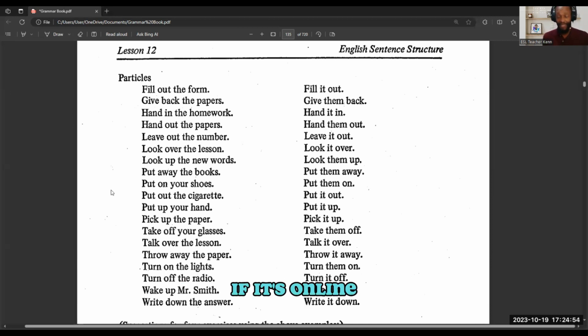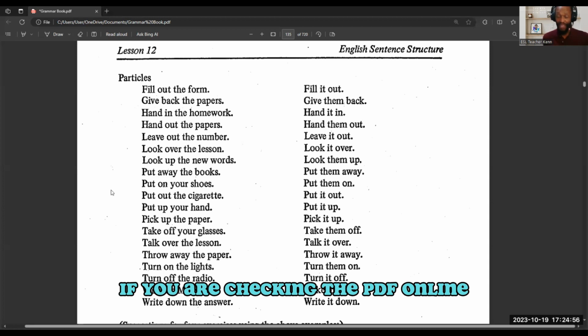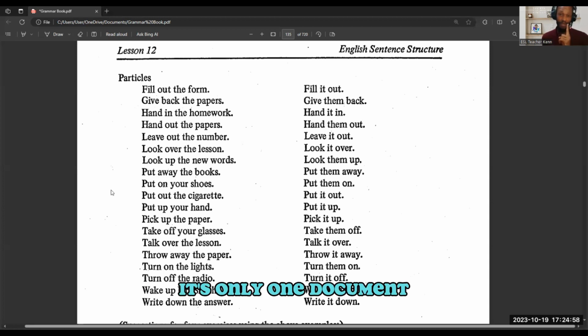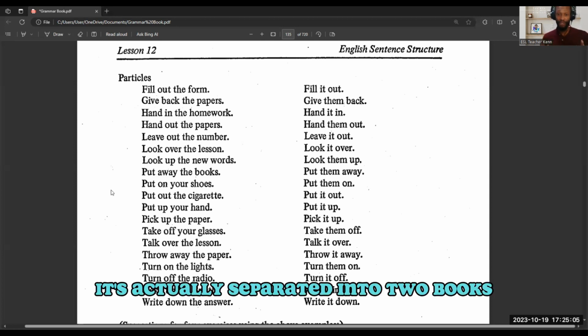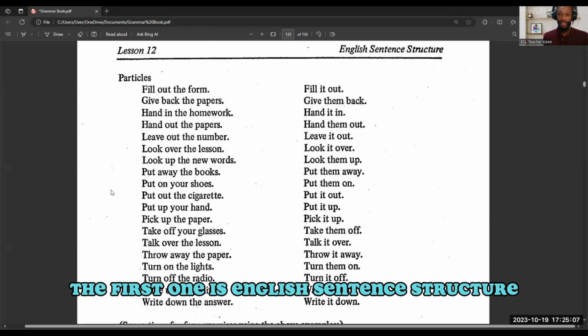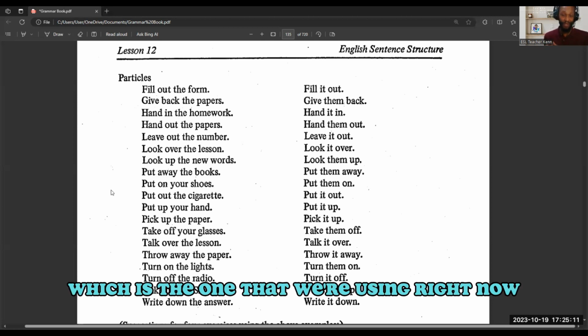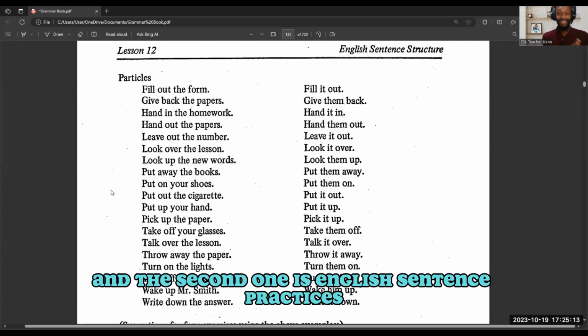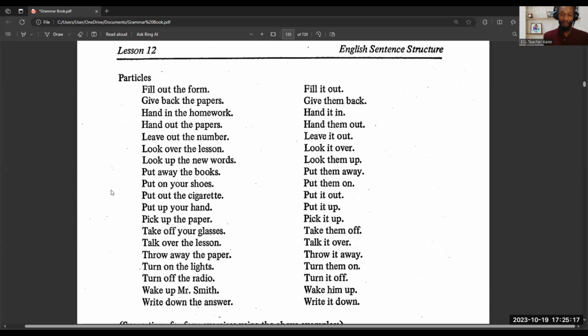If you are checking the PDF online, it's only one document. But in its physical form, it's actually separated into two books. The first one is English Sentence Structure, which is the one that we're using right now. And the second one is English Sentence Practices.